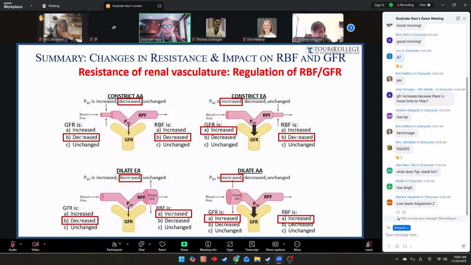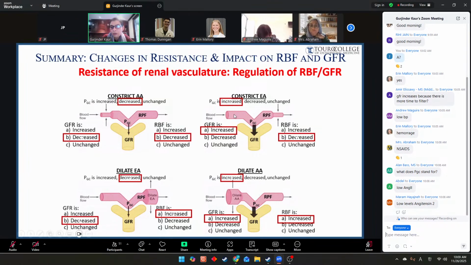That's related to the same question. Yes, low angiotensin. Very nice, Abdul. Thank you. So low levels of angiotensin 2 are going to work on your efferent side, and they'll have a slight positive effect on GFR, okay, at low levels. So they kind of protect kidneys during this time.